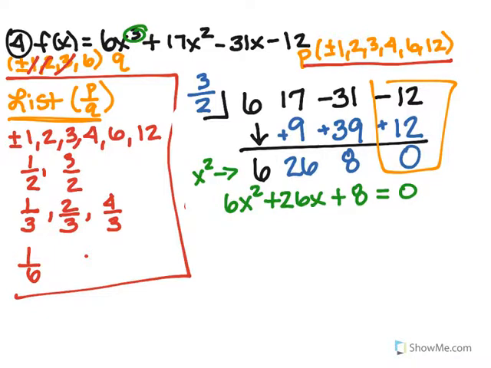Now looking at 6, 26, and 8, they all have a common factor of 2. Divide it off. That will leave us with 3x squared plus 13x plus 4 equals 0.